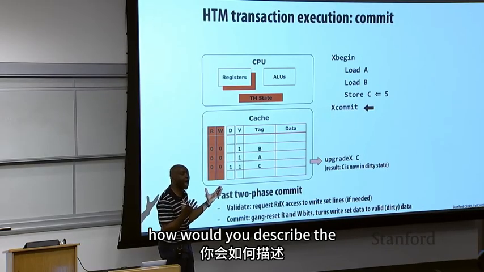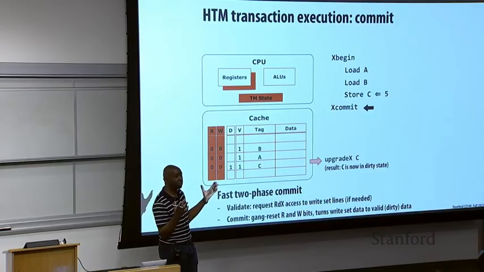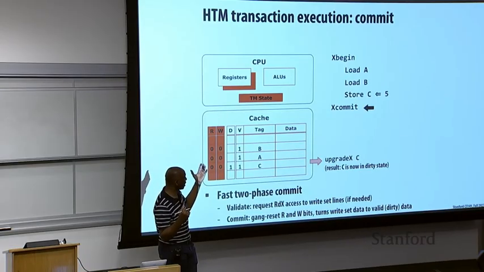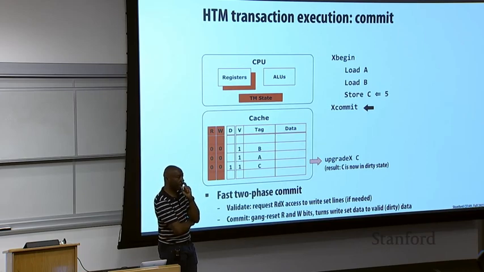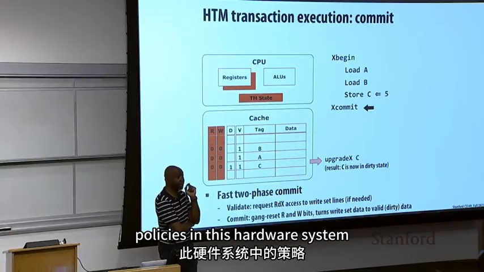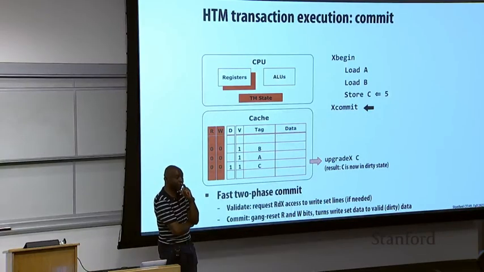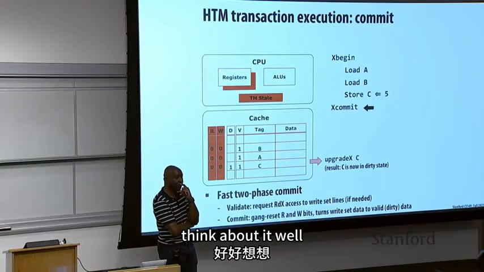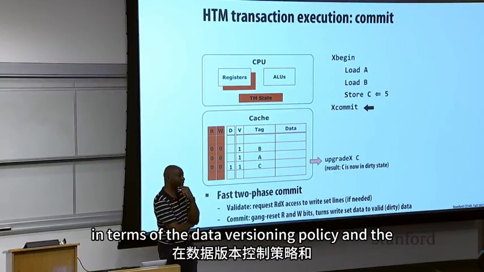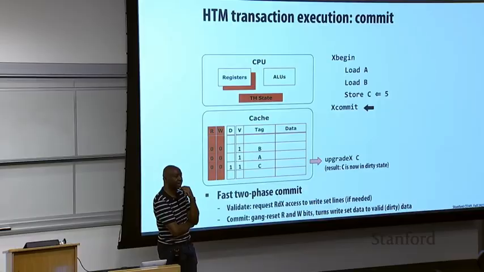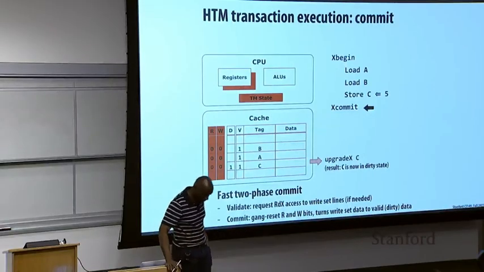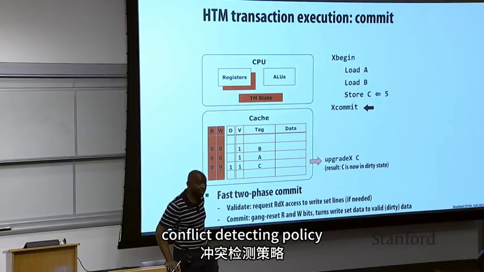So as described so far, how would you describe the policies in this hardware system? Think about it. Well, in terms of the data versioning policy and the conflict detection policy.